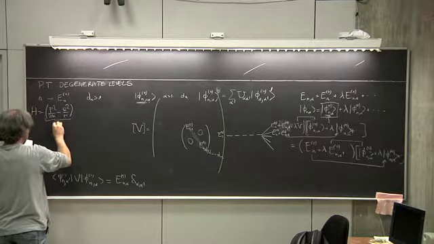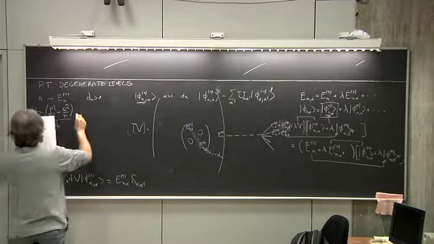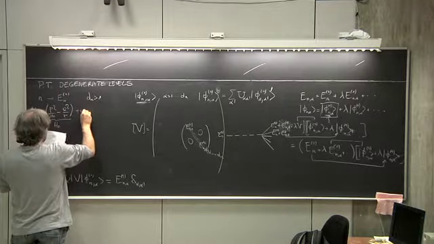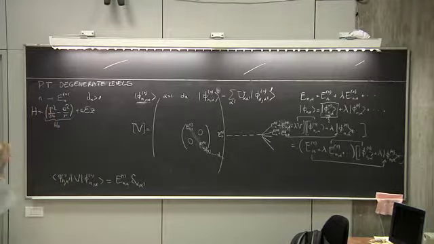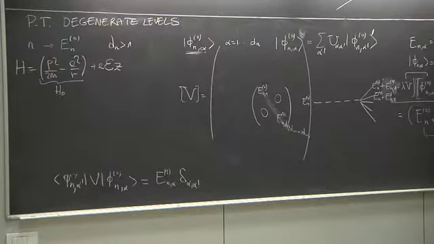You know this, right? A hydrogen atom. And then you put some electric field on the z-axis. All right, so let us try to see the effect of this electric field.